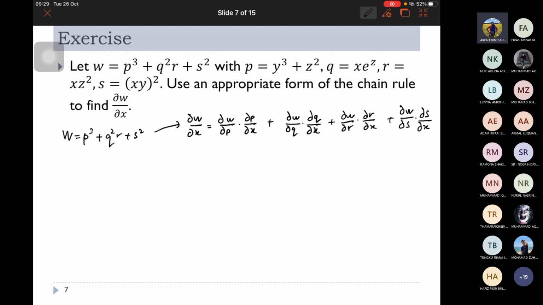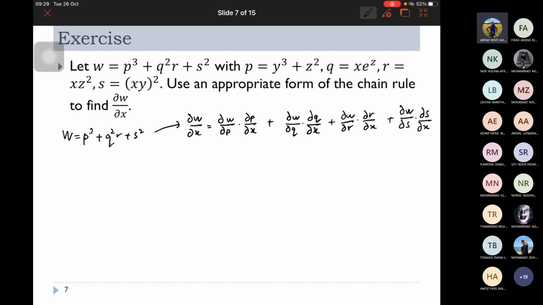Okay. So look at all the variables contained in W. W has P, Q, R, S, meaning that for every variable we have to find the derivative of each variable in there, and we also have to find the partial derivative of each variable with respect to X. So that's the only way to determine it.